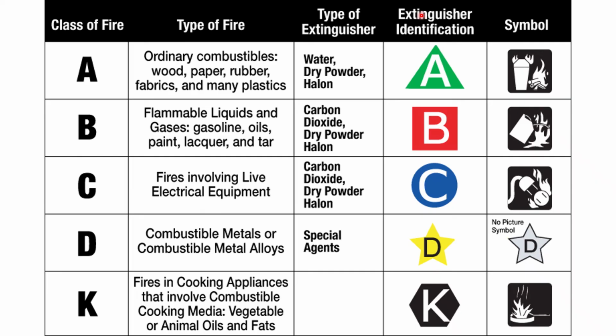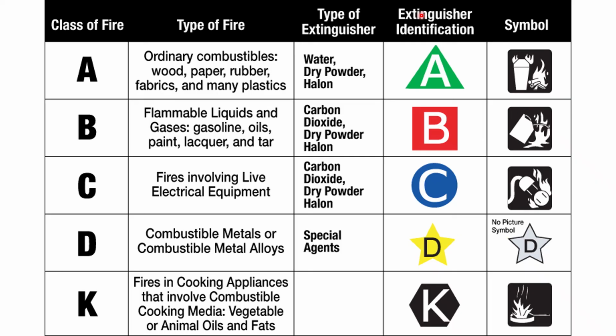Personnel should also know the location and type of portable fire extinguisher near their work area and know how to use an extinguisher before a fire occurs. In the event of a fire, first evacuate all personnel, patients, and visitors who are in immediate danger, and then activate the fire alarm.